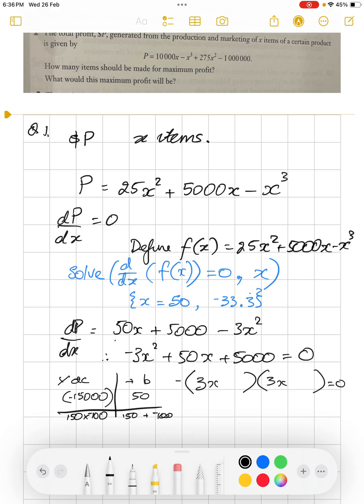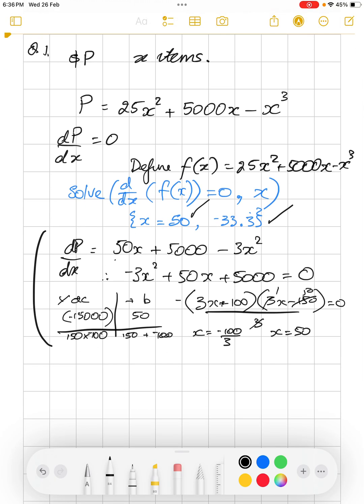Negative, 3x squared plus 50x plus 5,000 equals 0, over 3, because I've taken the negative out. Now I've got a positive, negative, negative, so we want plus 100 and minus 150, which gives x equals 50 from that bracket, and x equals negative 100 over 3 from that bracket. So we get the same values. That's if we don't use our calculator.